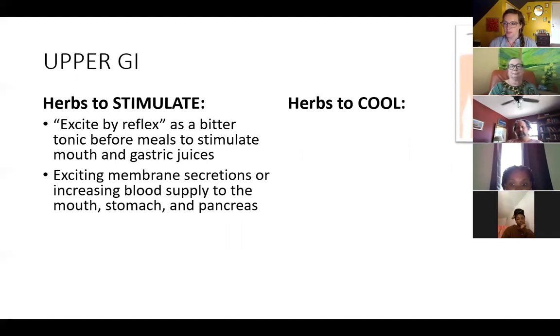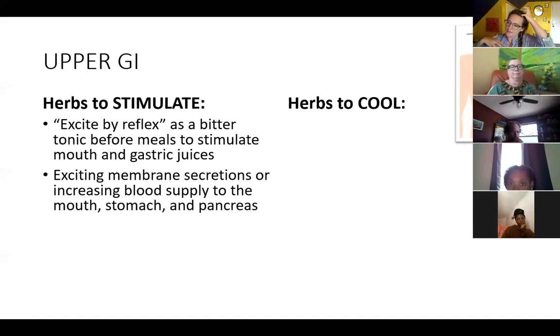So here's how I'm going to break this down. I said we're not going to talk about specific herbs, but when you do choose herbs or diet related choices, we are talking about stimulating. And like we said, stimulating is often a structural change. So by stimulating the upper GI, we're going to excite by reflex with bitter tonics before a meal to stimulate the mouth juices and gastric juices.